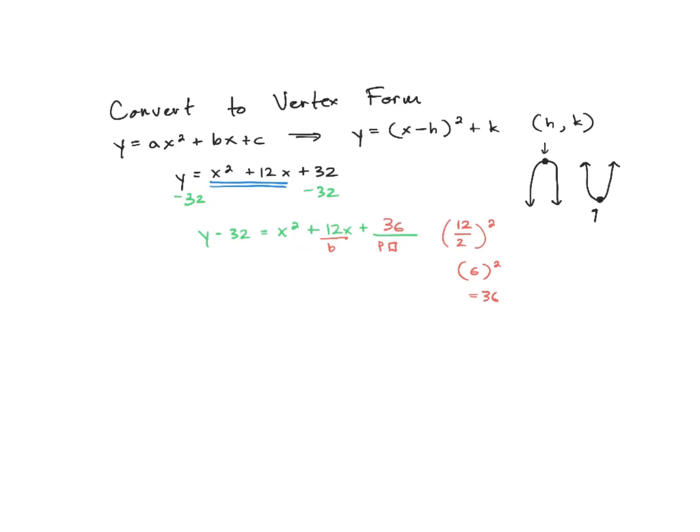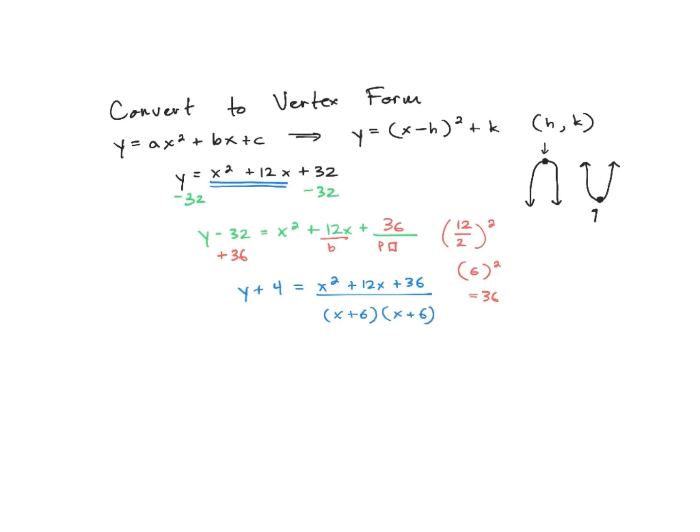Now, because I want to change the way the equation looks, but not change the value, if I add 36 to one side, I also want to add the 36 to this side here. And then when I simplify, I end up with y plus 4 is equal to x squared plus 12x plus 36. And if I factor this section here, I could factor this into x plus 6, x plus 6.